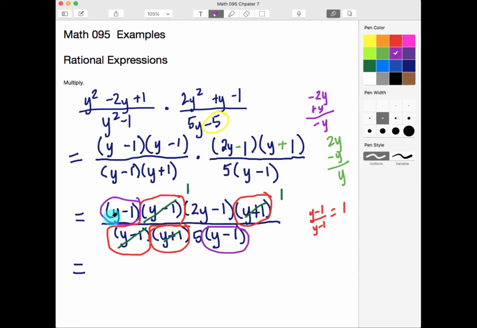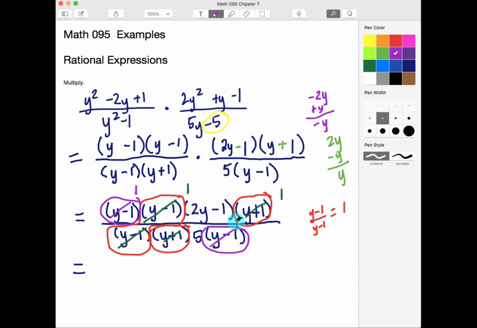So those will cancel out the entire group there to be a 1. Now it doesn't actually matter which y minus 1 I'm dealing with. I could have canceled the first factor on the numerator and denominator because they were the same, but for some reason I just didn't see that first and I saw the second one. Doesn't matter, they're the same factors, so as long as they're getting canceled out, we're just fine.